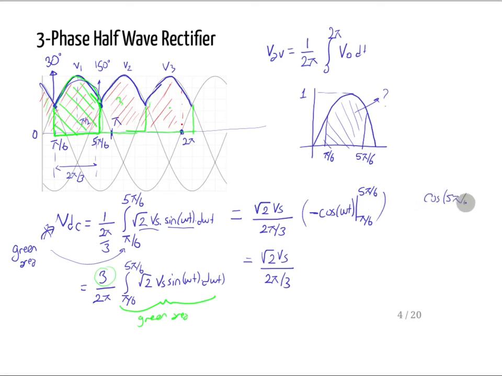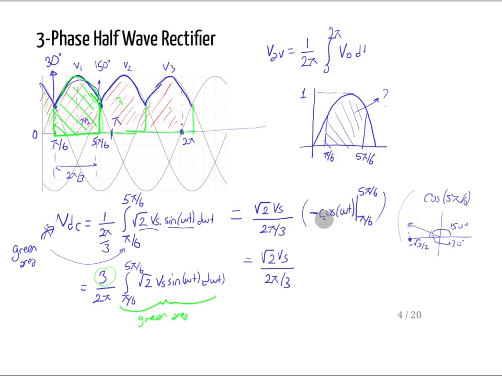So what is cosine 5π over 6? If you remember, this is 150 degrees, so this is 30 degrees, and cosine is that point, so you can see it is minus square root 3 over 2.